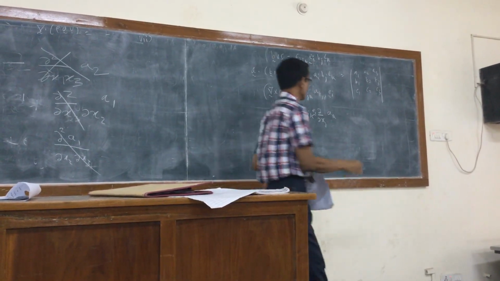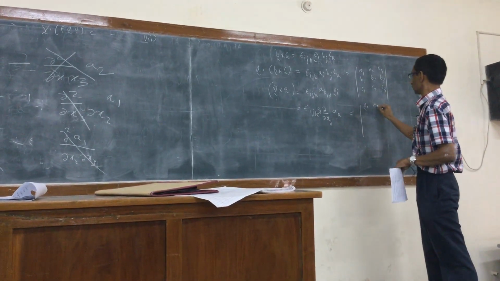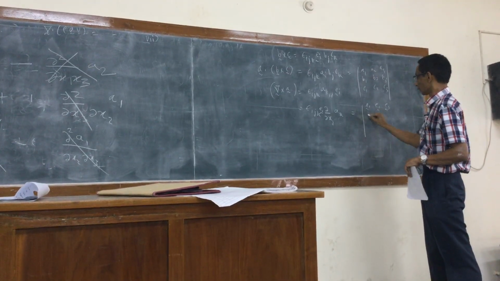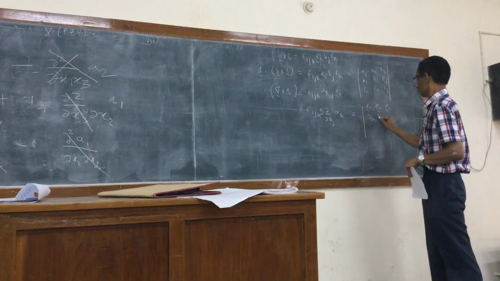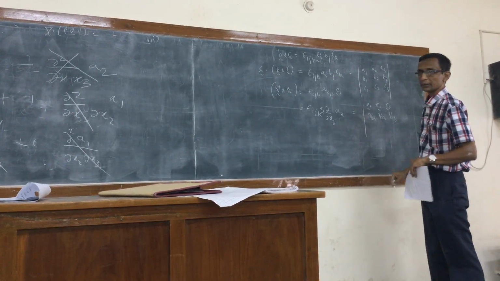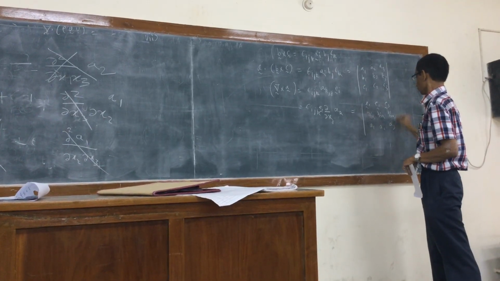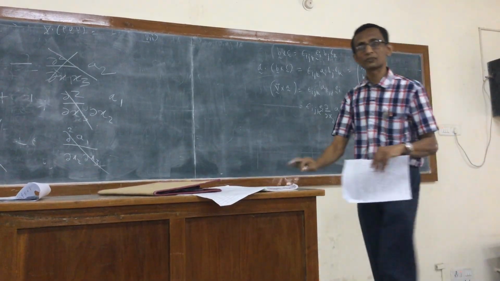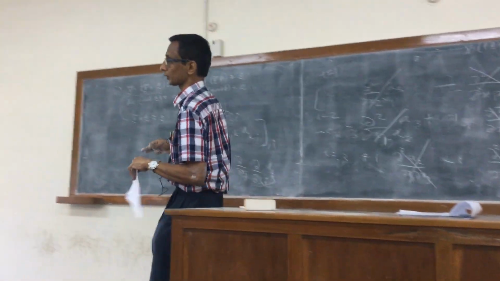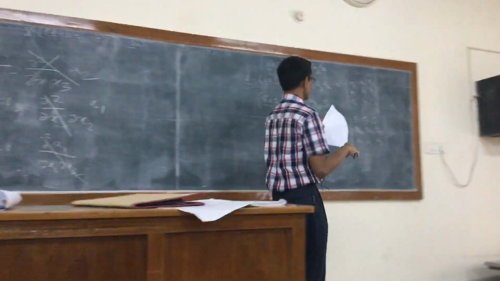So from this we can easily infer that this can be written as the determinant with rows e1, e2, e3, d by dx1, d by dx2, d by dx3, and a1, a2, a3. What are these? A1, a2, a3 are components of the vector A. E1, e2, e3 are the unit vectors along the 1, 2, and 3 directions. So it's a vector that comes out of this.